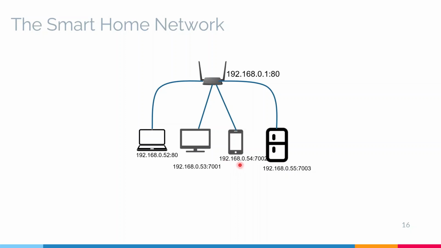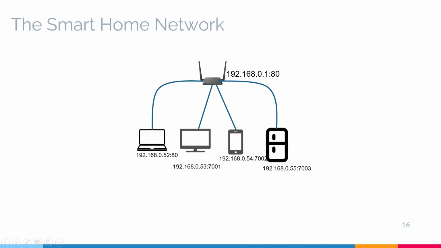Now, this mobile is not listening for any request. Instead, it is requesting a web page on this laptop. So let's take it this way. This laptop is having a web application that can track the status of the devices in this network, specifically the smart TV and the smart refrigerator.